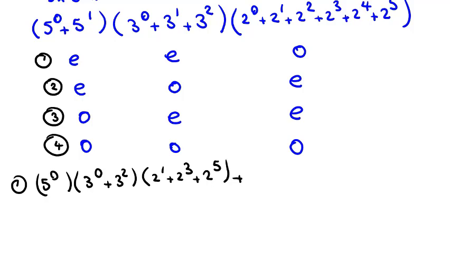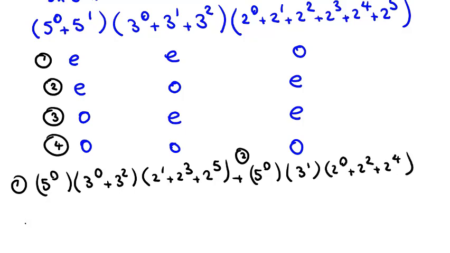Now, second, if I write even, again 5 to the power of 0, odd, 3 to the power of 1, times even, this one even, 2 to the power of 0 plus 2 squared plus 2 to the power of 4.